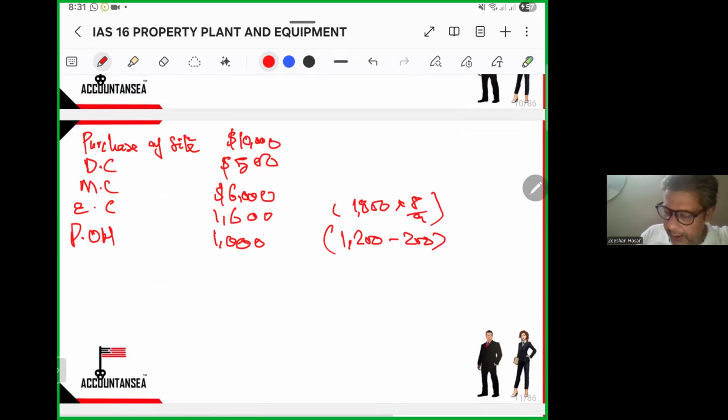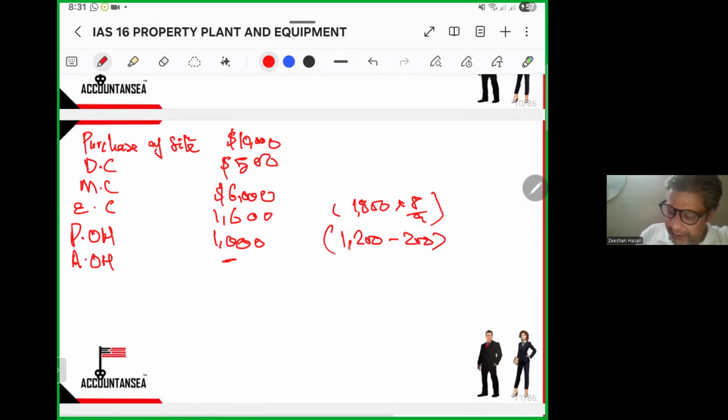Then admin overheads are the general ones. They have to be incurred no matter what. Even if this construction had not happened, they would still be incurred. To capitalize in the cost of the asset, only direct costs are allowed to be capitalized. So it's nil.